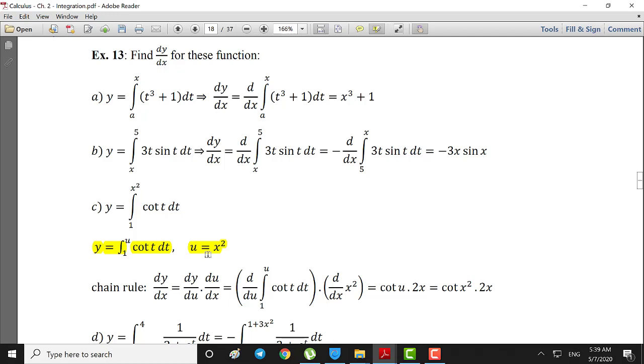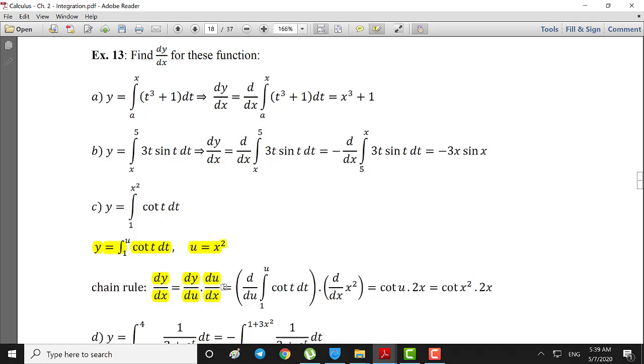And u as a function of x is equal to x². So we can use the chain rule to calculate dy over dx. And it says dy over dx, which we're looking for, is equal to dy over du times du over dx.